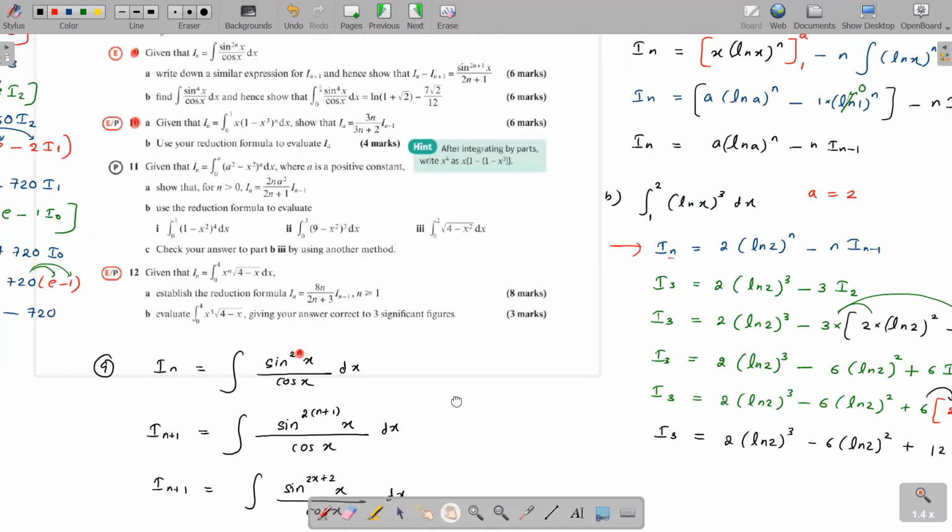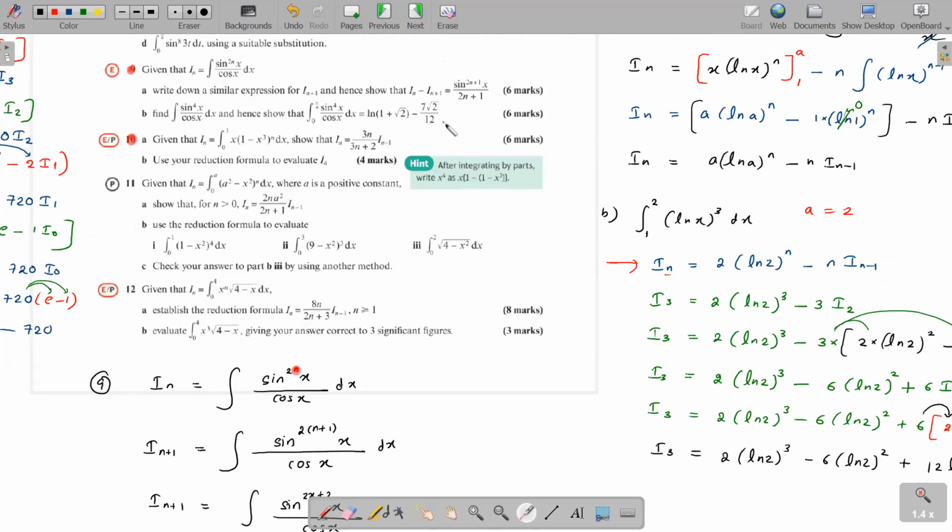So they have told us to write down a similar expression for I_(n+1) and hence show that I_n minus I_(n+1) is equal to this. Okay, so what are we supposed to do? We are supposed to take I_n subtracting with what? I_(n+1). I_n is given to us, I_(n+1) also we just found out right now.